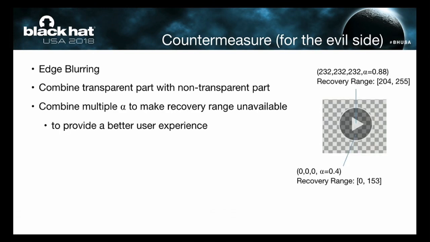And remember the case we used earlier? It's quite an interesting countermeasure, because in this part the alpha is 0.88, and after calculation we got a recovery range from 204 to 255, and this part is 0 to 153, and the two sets have no element in common.